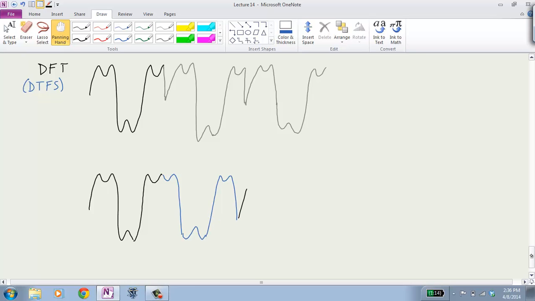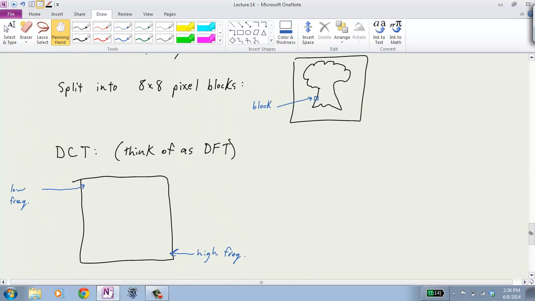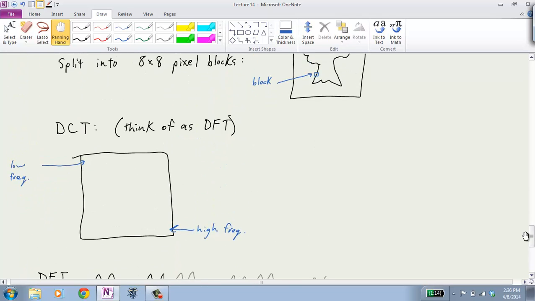Anyway, it's not really a big deal in terms of understanding what's happening in JPEG here. So it uses this discrete cosine transform. All right. Okay, now the next thing it's going to do, the reason you do this cosine transform is because if you're trying to compress something, think of an image.